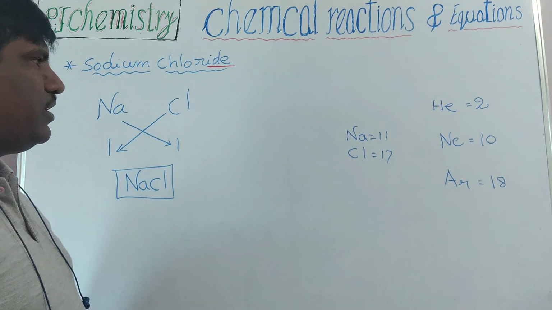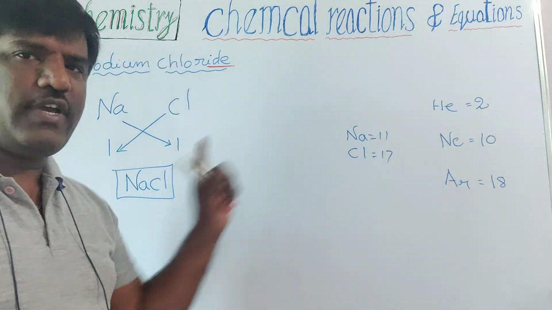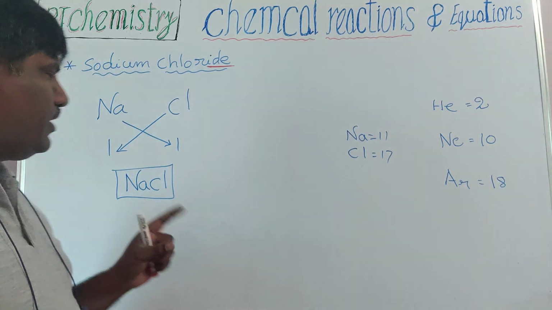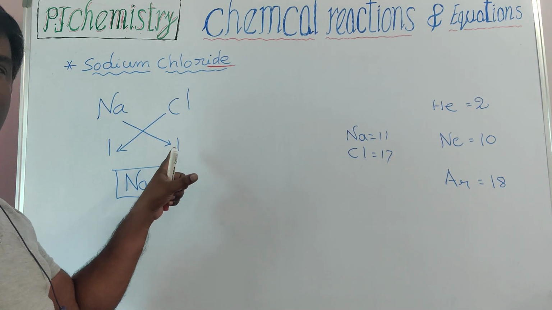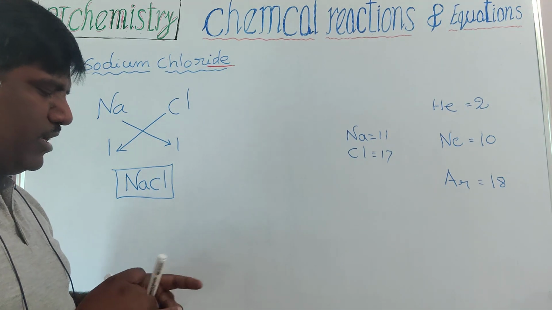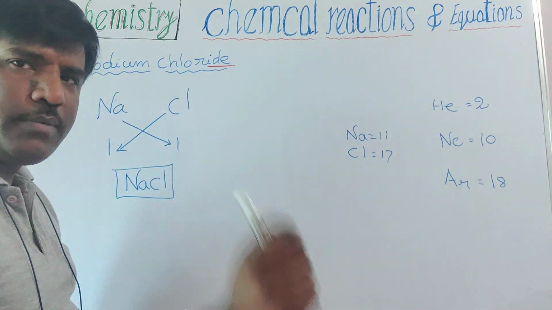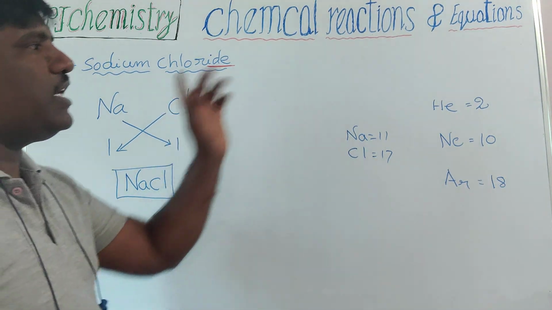By chance, if you take the wrong valency, you will get the wrong formula. Instead of 1, you took 2, and it is gone. If you do not remember the atomic number properly, our thoughts will change.